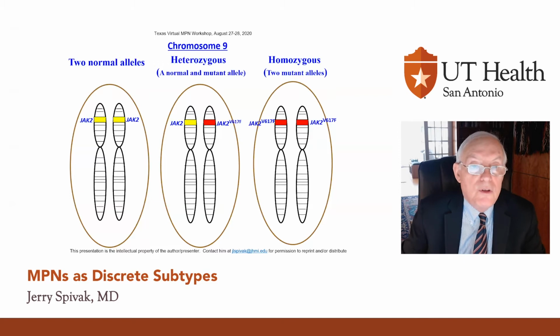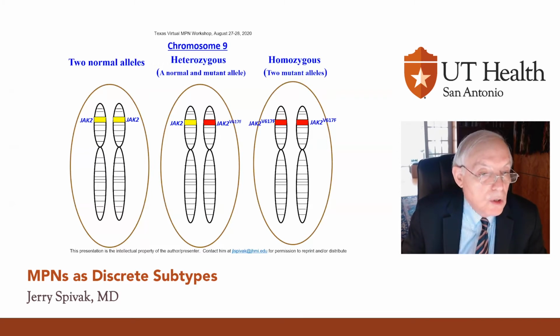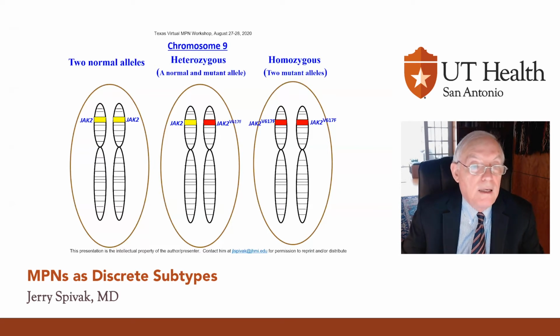So we'll stick with JAK2 V617F since it's the most common mutation, and it is on the short arm, the P arm of chromosome 9, and each of us has two alleles. And when one allele mutates, we will have a cell with a heterozygous mutation.